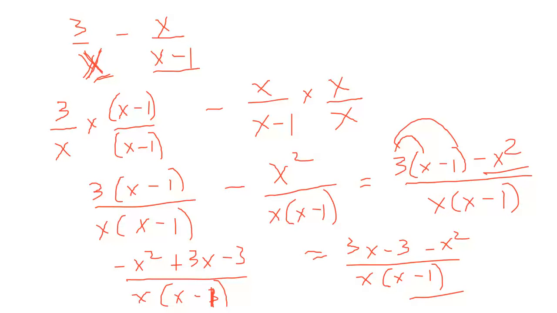Since we have this at this point, we try to see if we can get some factorization done, if possible. If it's not possible, you just leave it as it is. You don't worry about it again.